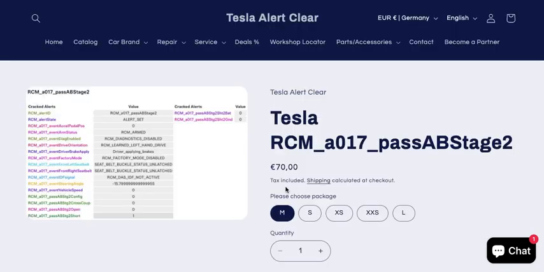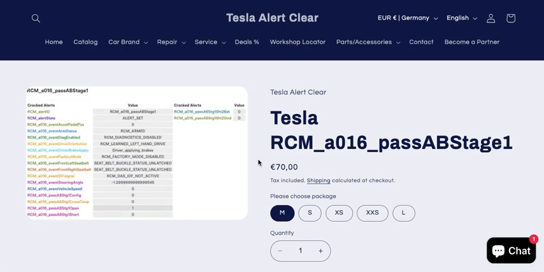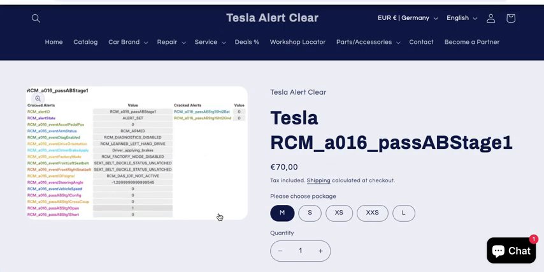So recently we had one customer who had got this alert. So we performed the remote diagnosis, and after the remote diagnosis, we found out that he had two alerts, which were RCM A17 and RCM A16.